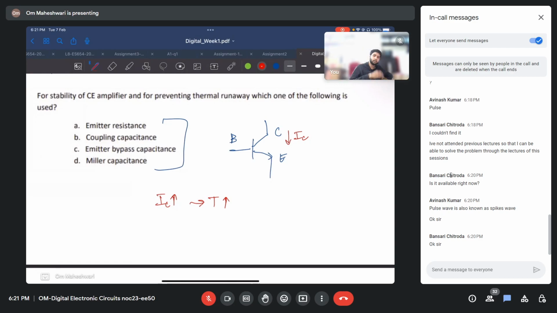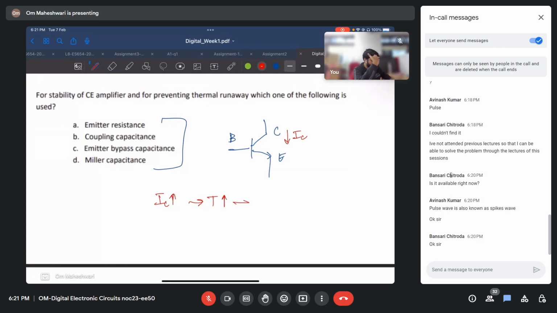Now, when temperature increases, it increases the reverse saturation current, that is ICO, which in turn again increases IC.